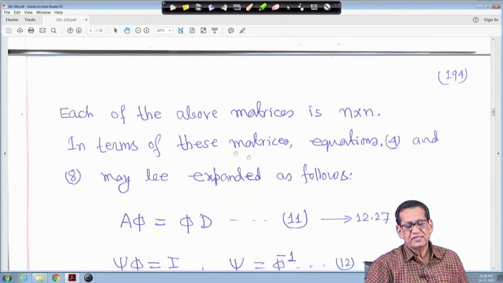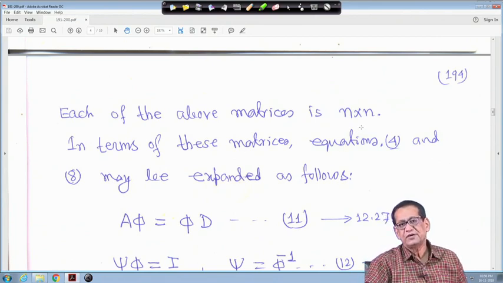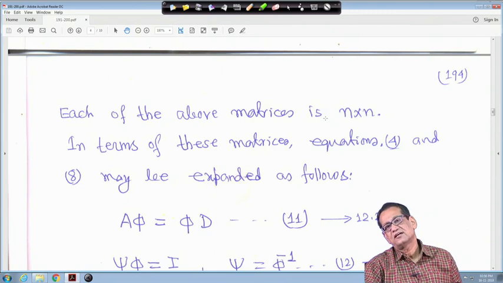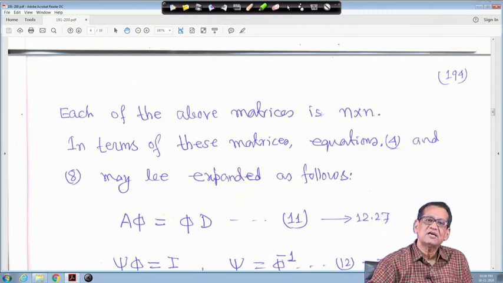Each of the above matrices is n by n order. Your matrix A is n by n, so this is also n by n, and diagonal D is also n by n, because you have n diagonal elements, which are nothing but the eigenvalues.